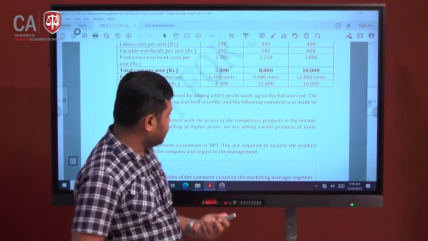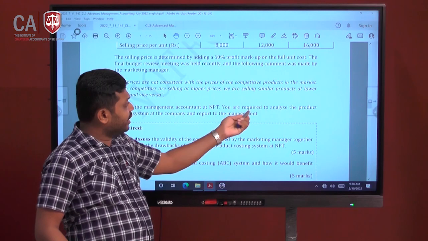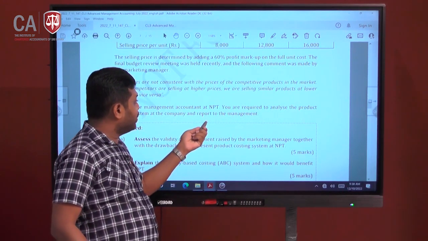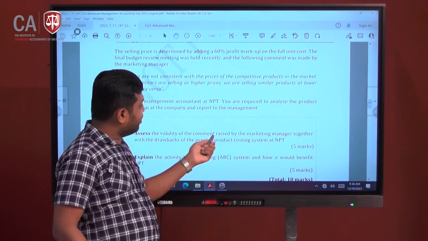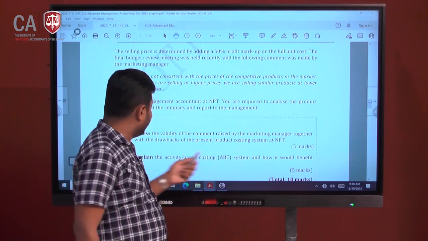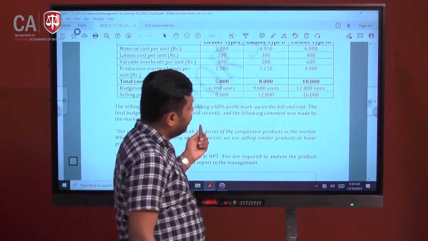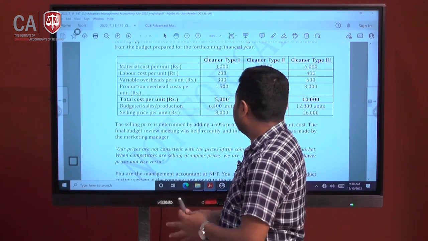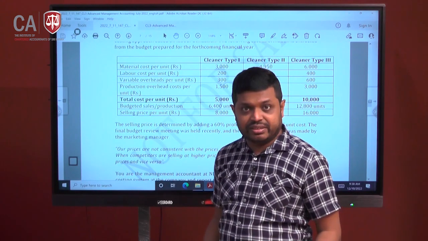bad performance, right. You are the management accountant at NPT, and you are required to analyze the product costing system at the company and report to the management. Assess the validity of the comment raised by the marketing manager together with the drawbacks of the present product costing system. Okay. First, in this company labor involvement is very low and insignificant.